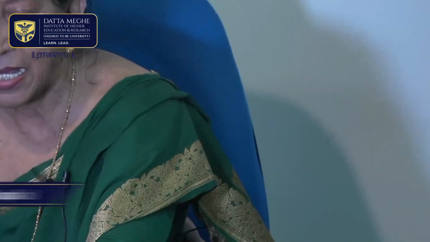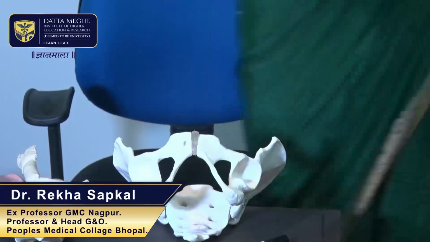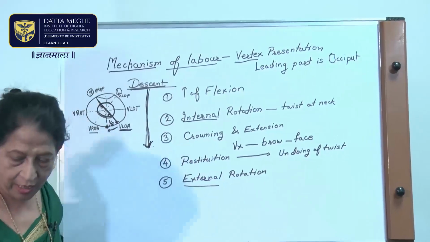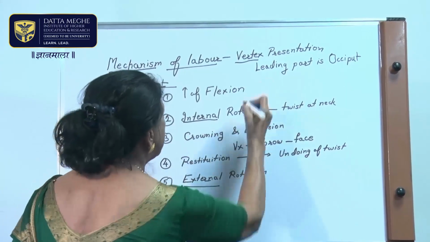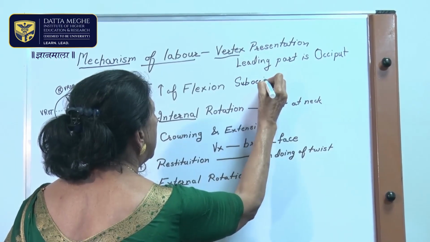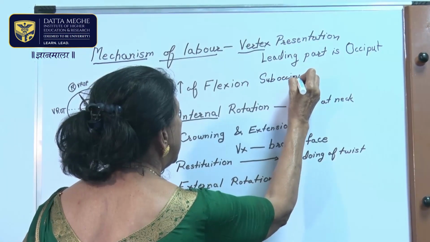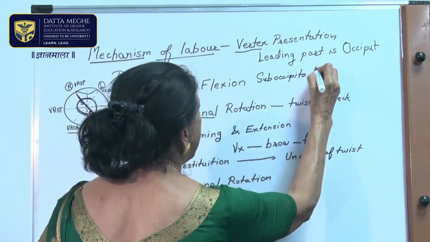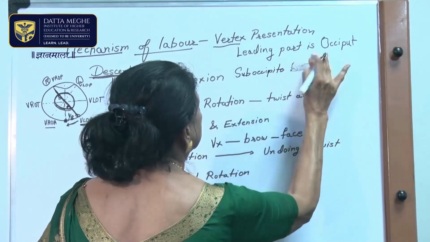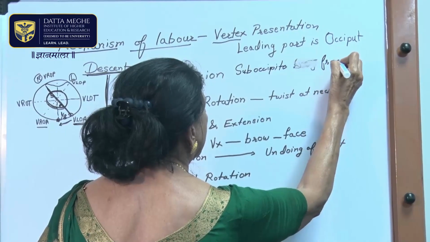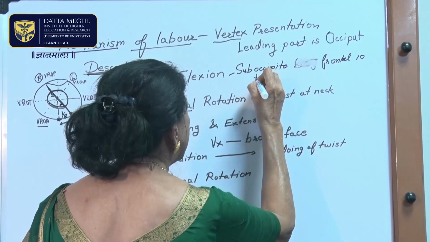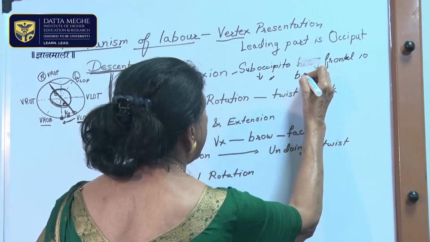So, what happens here exactly is, let us see on the board, with increase of flexion, the lesser diameter of engagement will be there, that is, initially it was suboccipitofrontal, 10 centimeter, when it is not well flexed. If it gets well flexed, then suboccipitobregmatic, 9.5 centimeter.